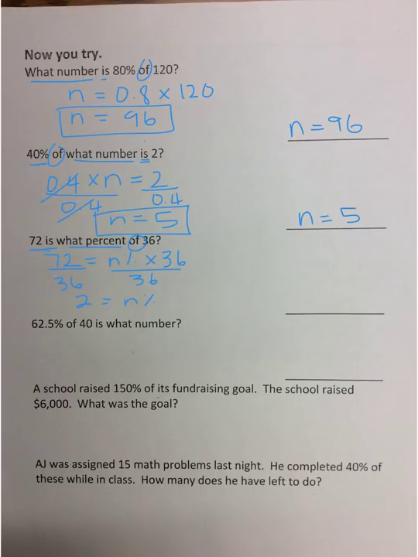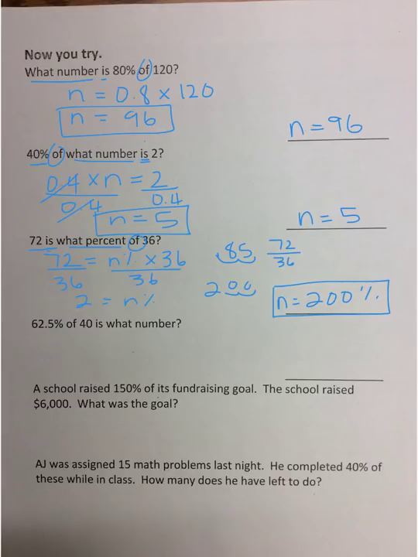Just like on the front side when we had 0.85, we moved our decimal twice to the right. With 2, you would also move your decimal twice to the right. And that would make it 200%. So be careful. Don't just write 2%. Because 72 out of 36 can't only be 2%. It's 200%.